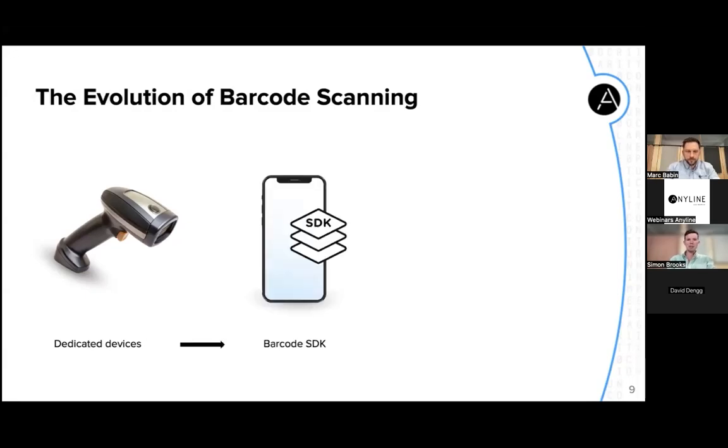The next phase of evolution came with the Barcode SDK. So decoupling the hardware from the software and enabling that amazing barcode scanning feature set and performance to be available on any mobile device. So this has seen a huge revolution, in fact, in the last few years, where we've seen the ability for retail, logistics, customers in many, many different fields to integrate the barcode scanning capabilities on the device of their choice.